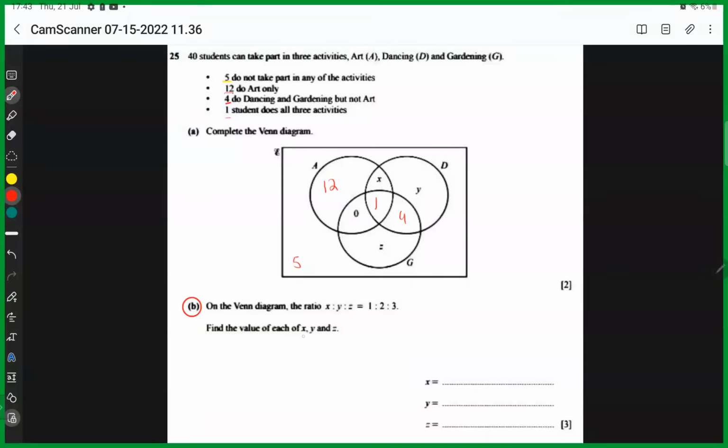So step number 1 is this, and step number 2 is, I'll tell you the idea. I need to find out the values of x, y, and z. For that, my helping ratio would be 1:2:3. I don't know how to deal with 3 numbers, so I'll just pick up 2: 1:2. So this is for x, this is for y. Now I need a number here, and then I can write down x, or let's say a question mark, and then I can cross multiply and find the value.